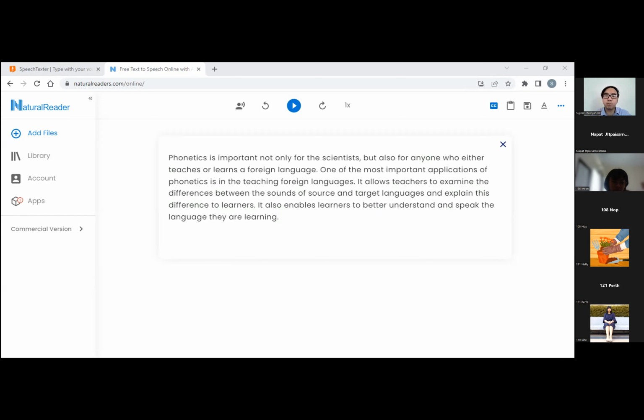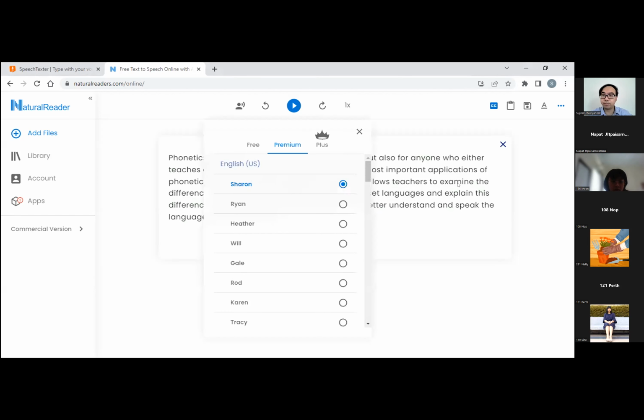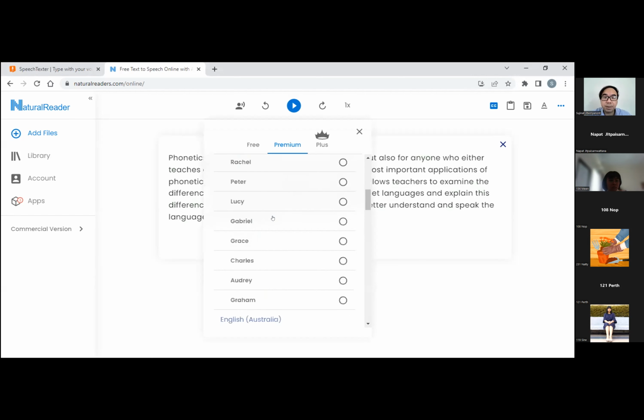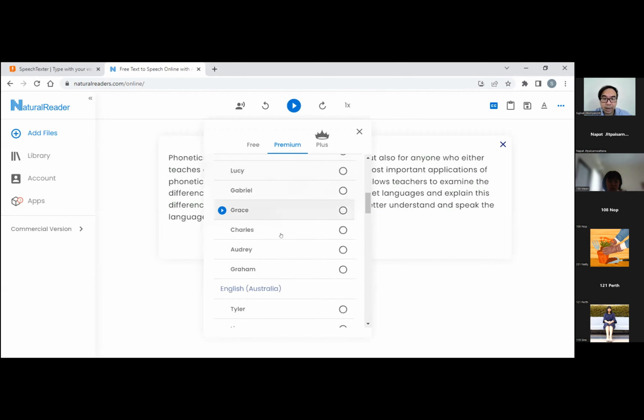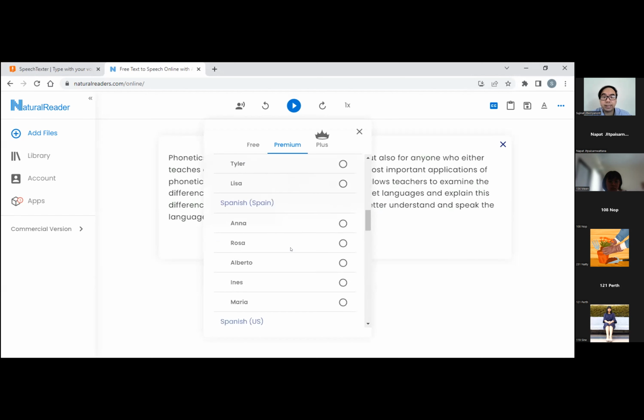And what is very impressive is that it shows reduced forms of some words, like 'an important' instead of 'important'. And if you look at the website, you can see a list of speakers like US, UK, Australia or Spain.